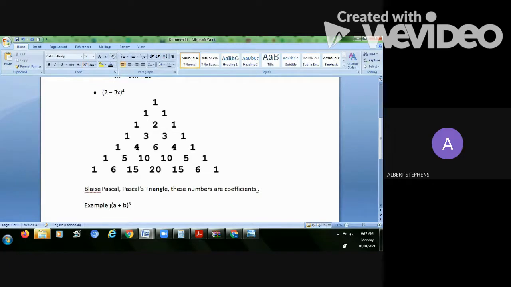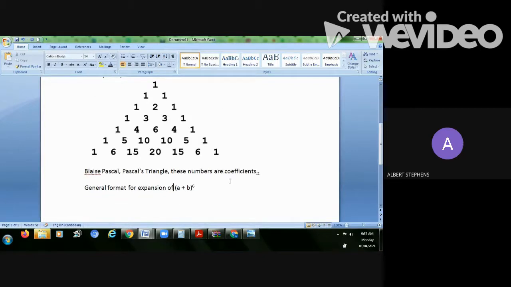This is a general format for expansion of this thing. So we want to expand this, but there's a general way of doing it.